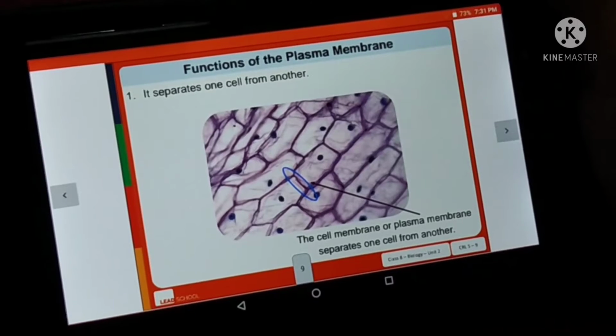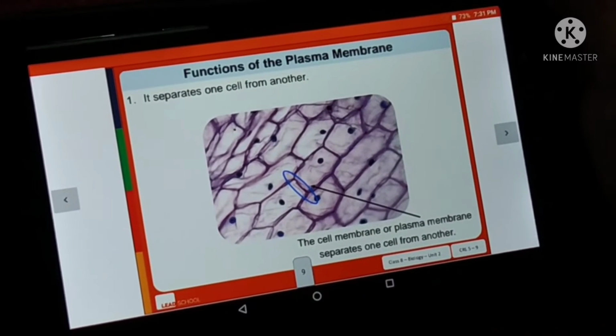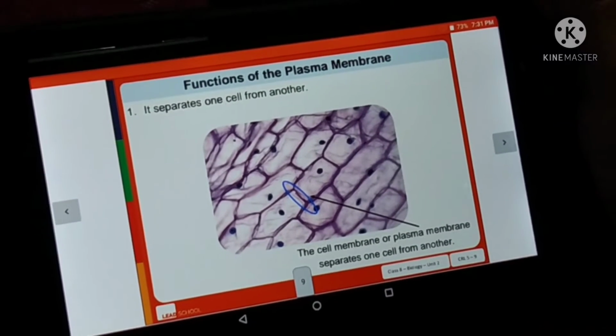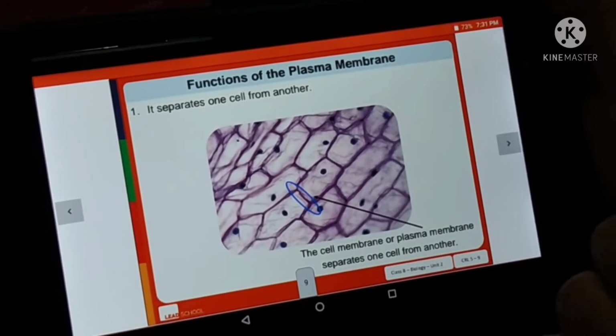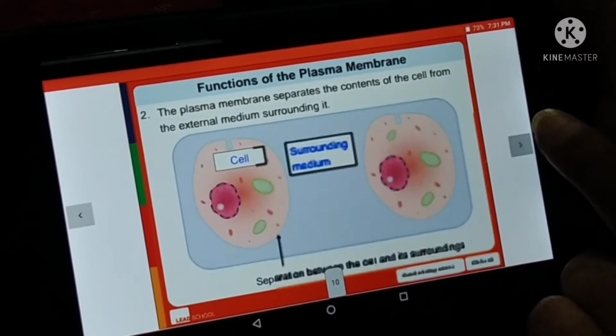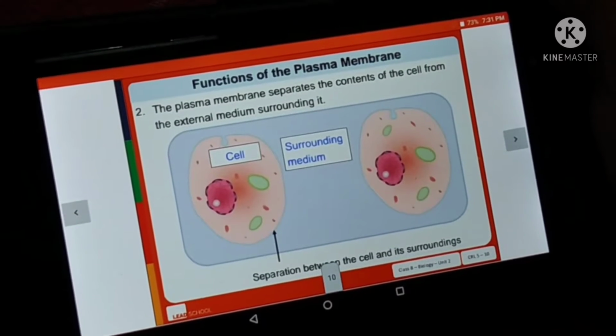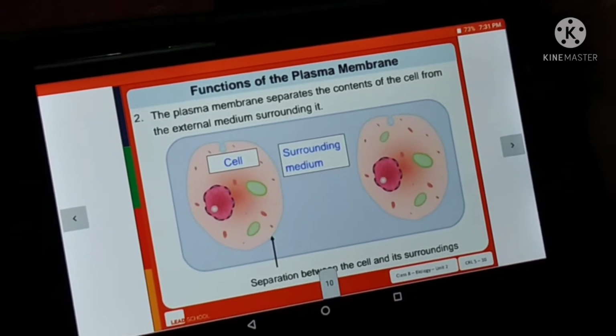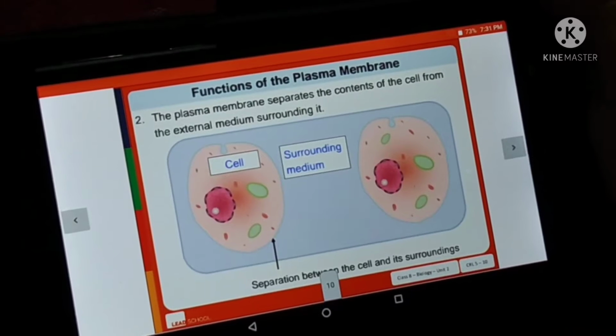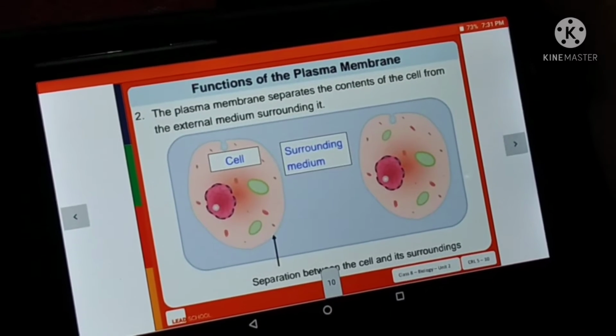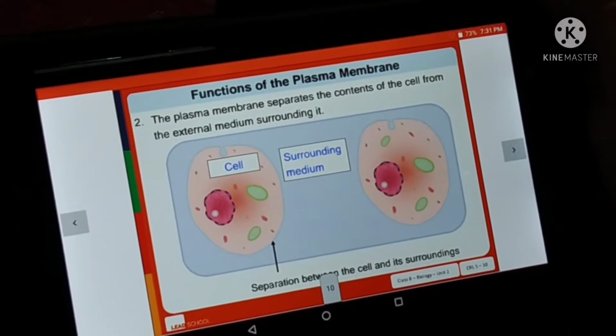Functions of plasma membrane: it separates one cell from another cell. Plasma membrane separates the contents of the cell from the external medium surrounding it.